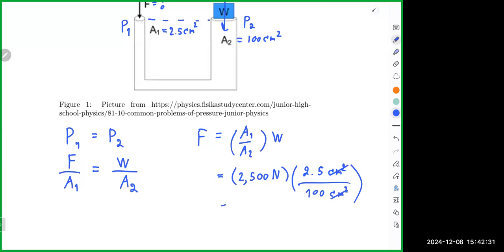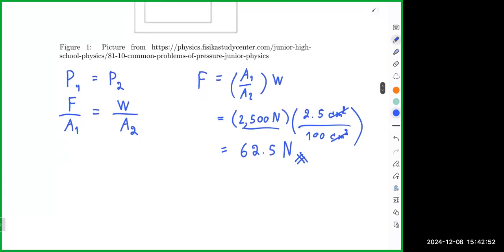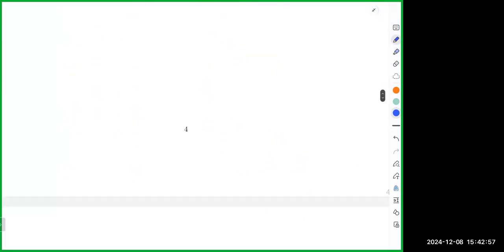The final answer is just 62.5 Newton to lift 2,500 Newton. This is the least force that can lift a 2,500 newton weight. See? Easy, not that hard. Okay?